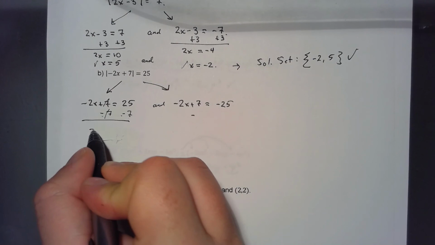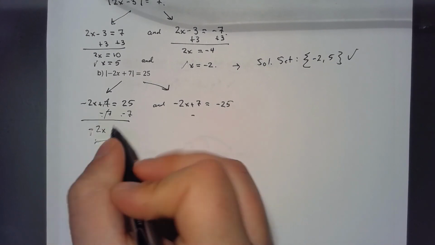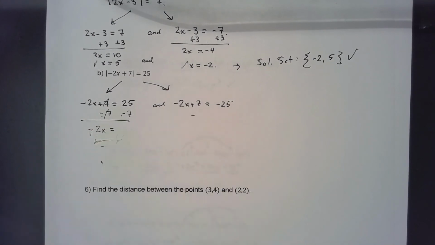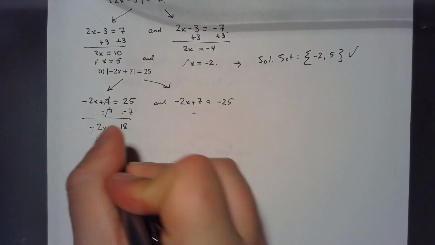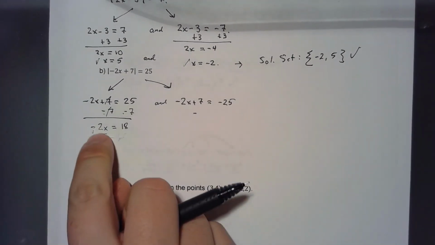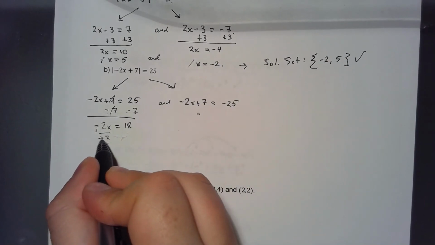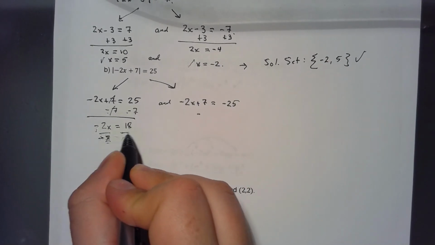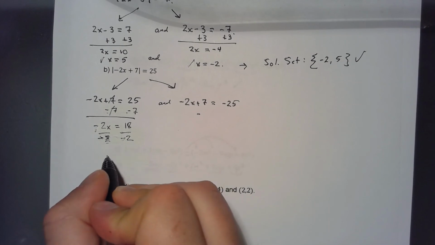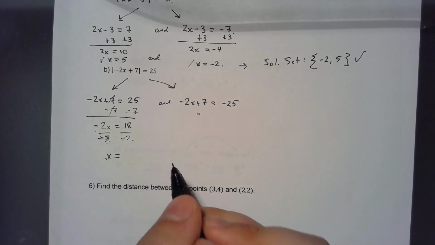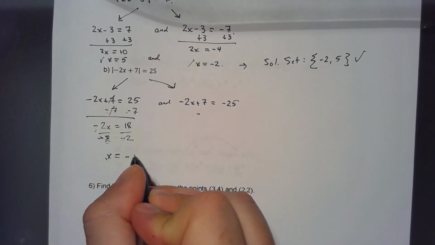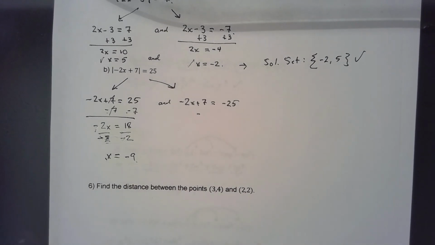That's better. So I have -2x equals 25 minus 7, which is 18. Divide by -2. So that means x equals, so 18 divided by -2 is -9. That looks a little better.